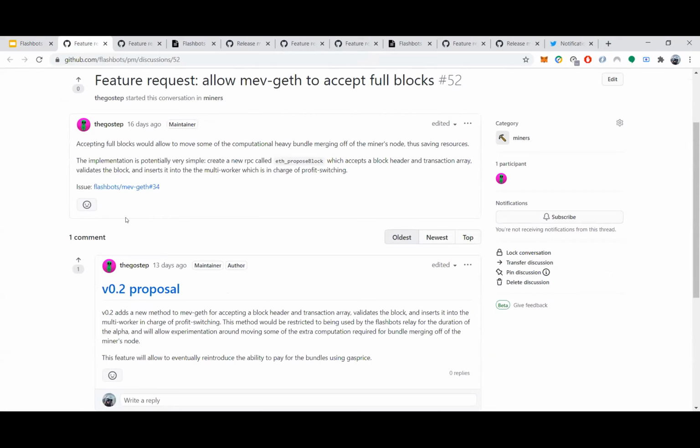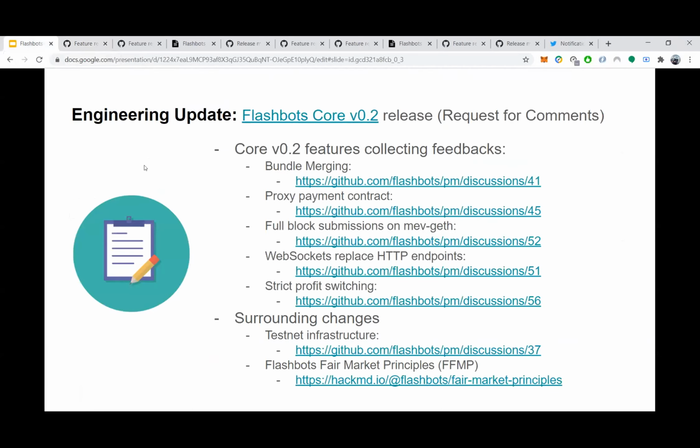So it's opening up a path for us to introduce those new levels of bundle merging. The next change, WebSockets, is simply to improve the performance of communication between searchers, the relay, and miners by routing everything over WebSockets instead of HTTP RPC.